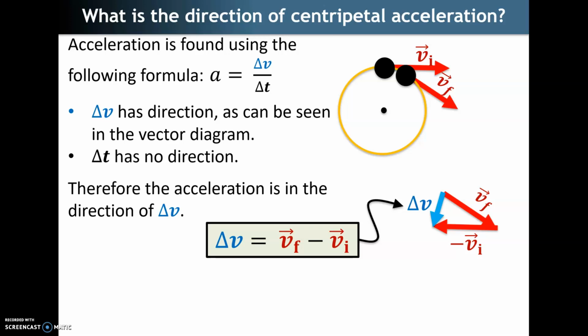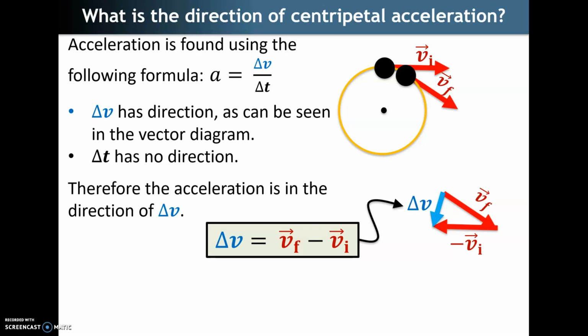With vectors, if you take a vector and divide by a scalar, which is what time is, it does not change the direction. Vectors can change direction if you're multiplying them in certain ways, but here we're not dealing with multiple vectors, it's just one vector quantity divided by a scalar, so therefore the acceleration points in the direction of the change in velocity.